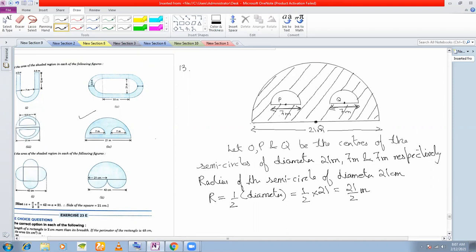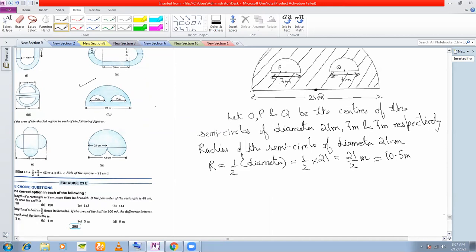Sir, 10.5. Yes, you can convert to 10.5 also. And conveniently, you can work with fractions also. You can work with 21 by 2 also. Depends on how convenient it is. I think fractions will be convenient for you to work with. Anyway, so this is the radius of the semicircle of diameter 21 centimeter.